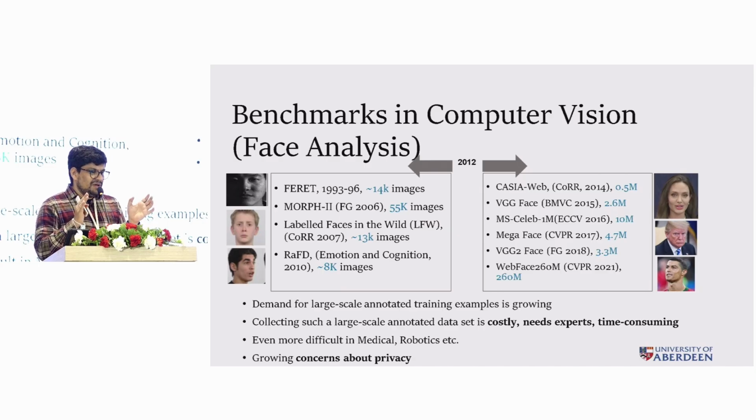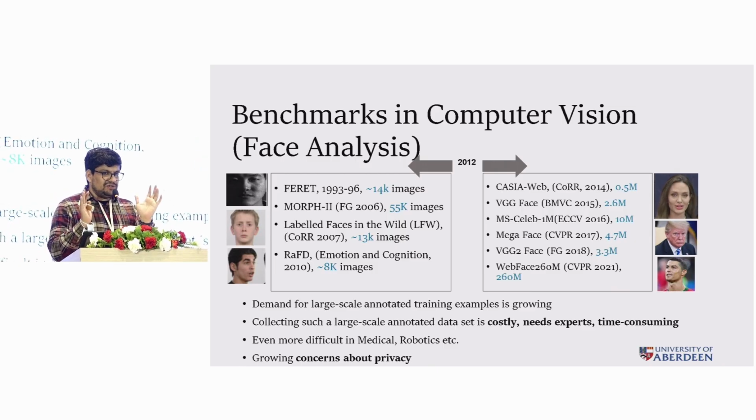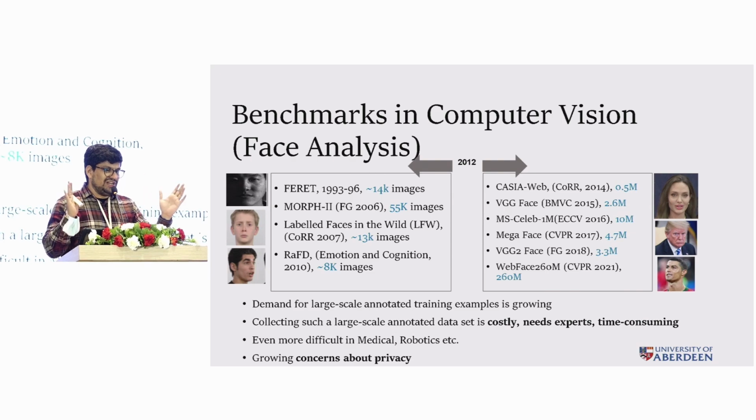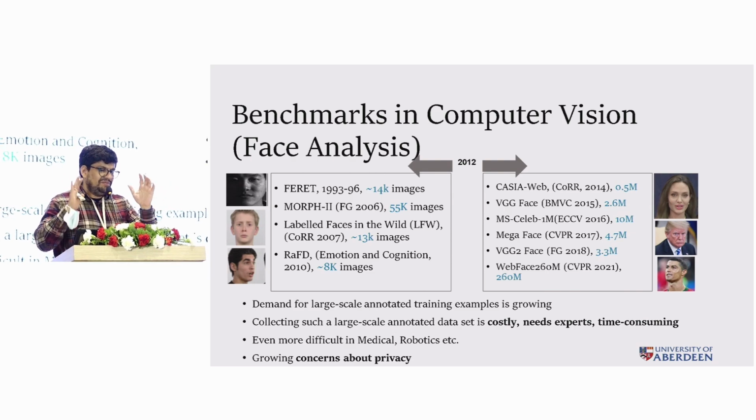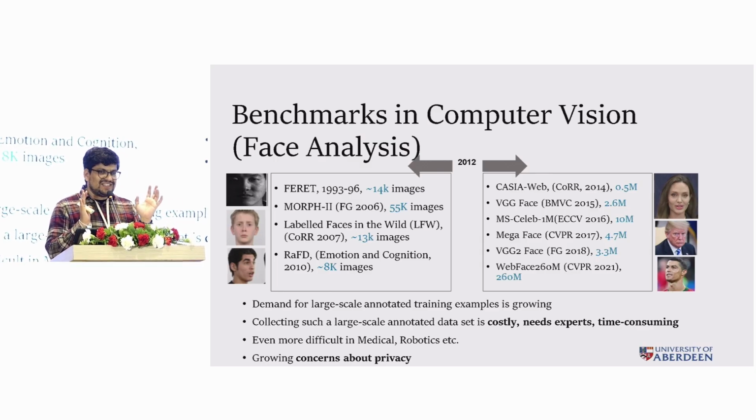I keep track of this data size, and I put 2012 as the year to split between two sides. Why? Because the mainstream deep learning architecture, commonly known as AlexNet, was introduced that year. If you look into these two sides, you can see the size of the data that is being used or proposed to train a model.